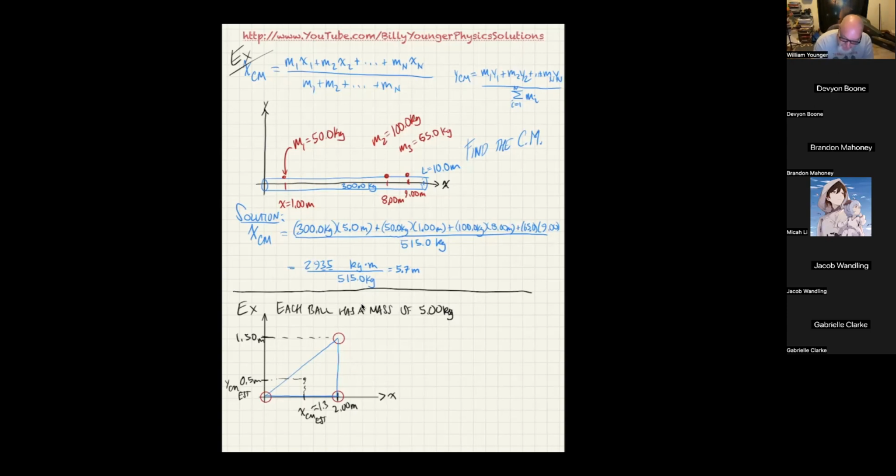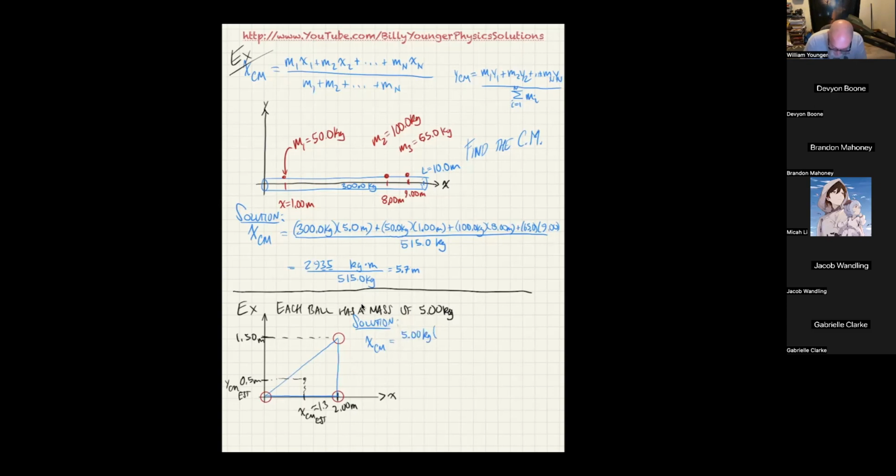All right, so here's the solution. The center of mass in terms of X is going to be the first mass, which, by the way, all of them are 5 kilograms. So I'm going to factor that out from the beginning and call that 5.0 kilograms.